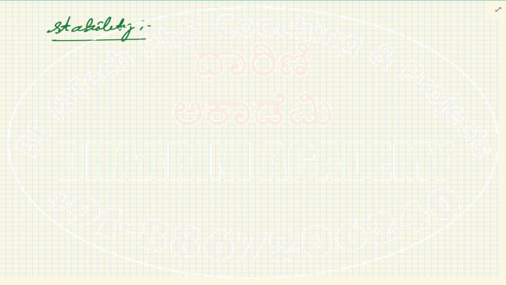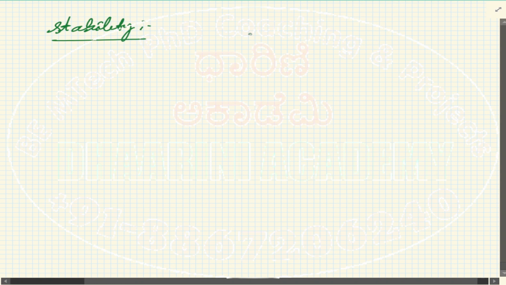What is the condition at which we can say that the system is stable or non-stable? So stability has to be defined under some condition.